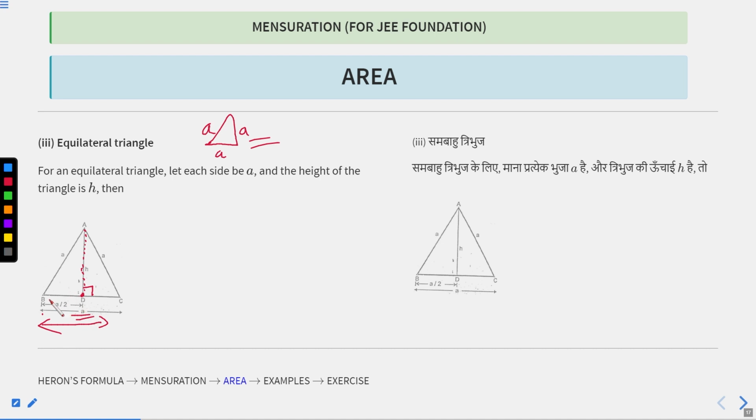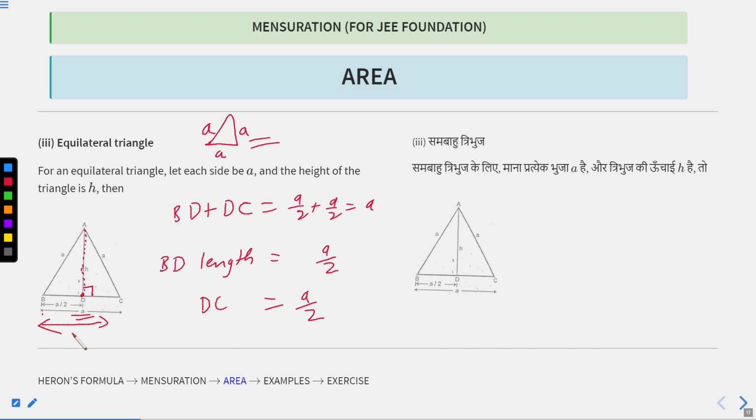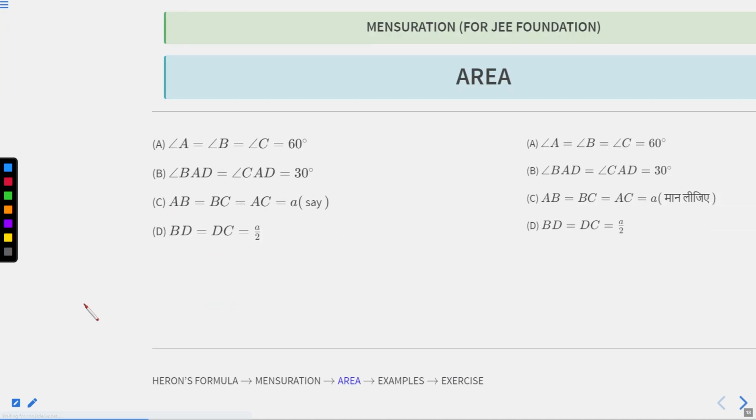So this means the BD length is equal to a by 2, and the DC length is also equal to a by 2. The whole, BD plus DC, is a by 2 plus a by 2, which is a. We know it is already a. I hope this is also clear to you.